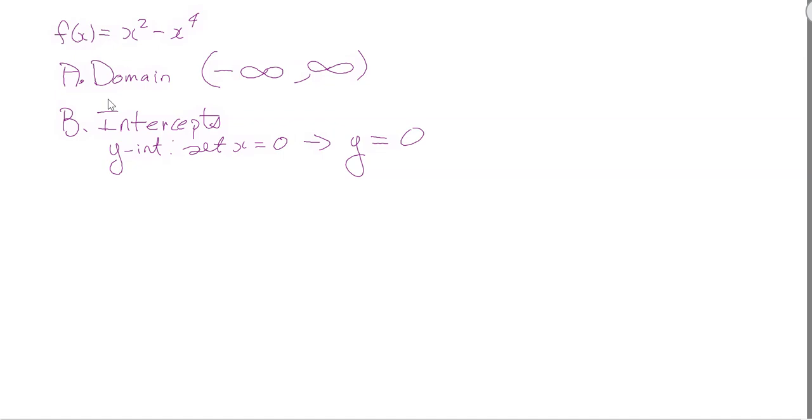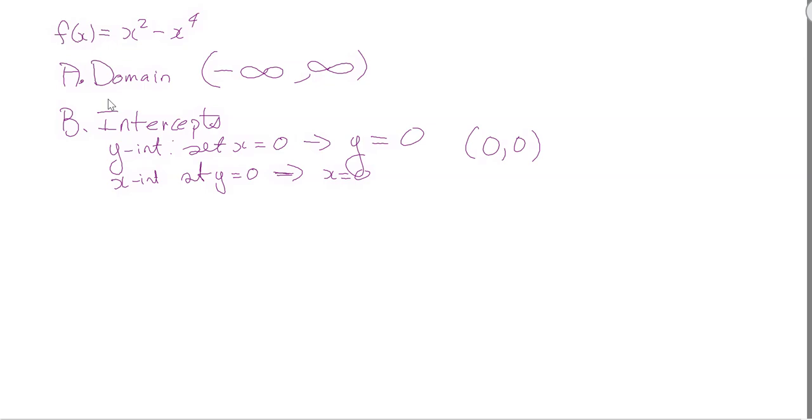So y-intercept at x equals 0, you get y equals 0. So 0, 0, right? Obviously, the x-intercept is just going to be 0. But x-intercept at y equals 0 leads to x equals 0. Okay, so intercept, we got 0, 0.